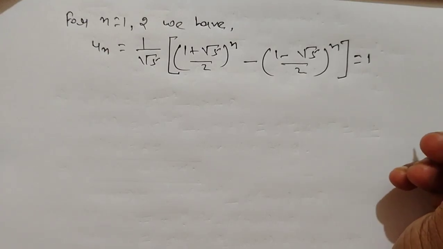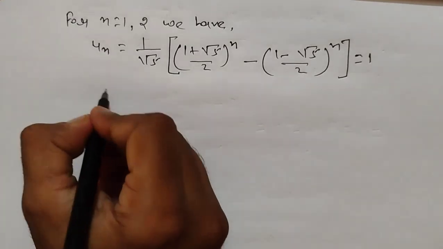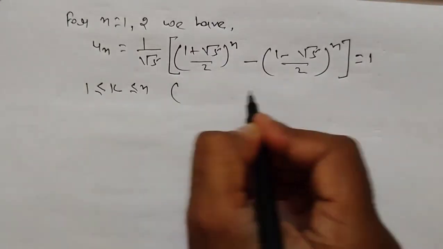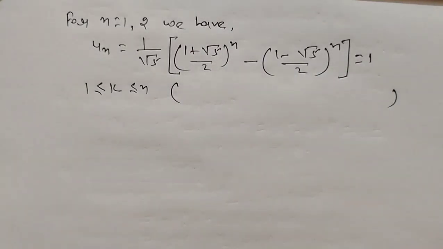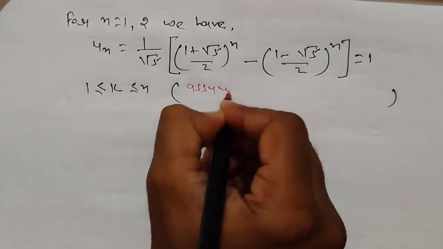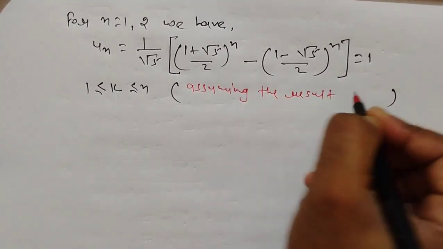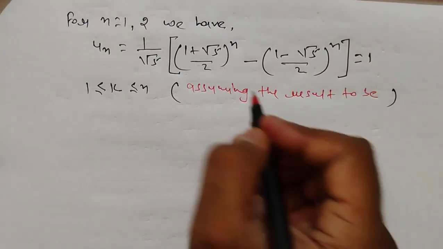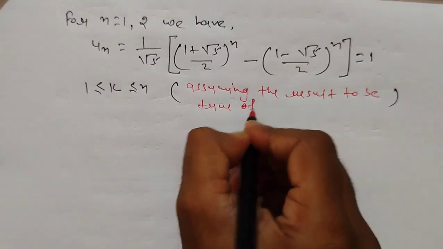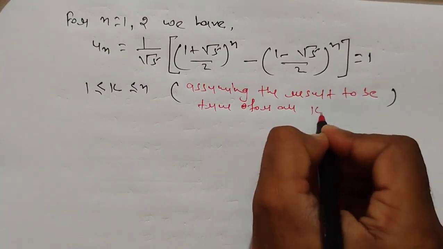And now assume that the result to be true for all integers k, such that k is greater than or equal to 1 and less than or equal to n. We are just checking and assuming the result to be true for all k.